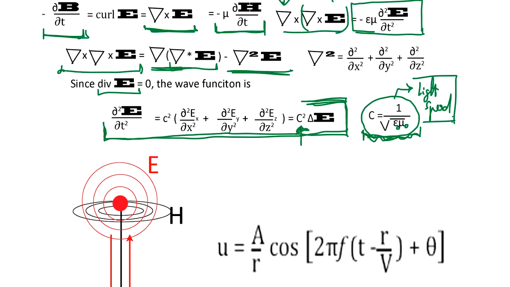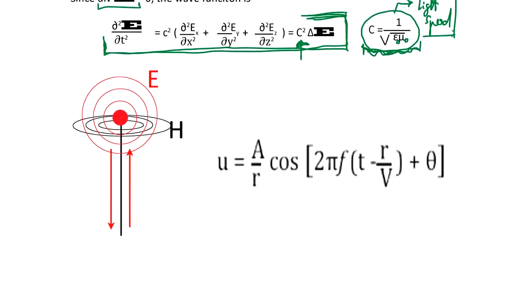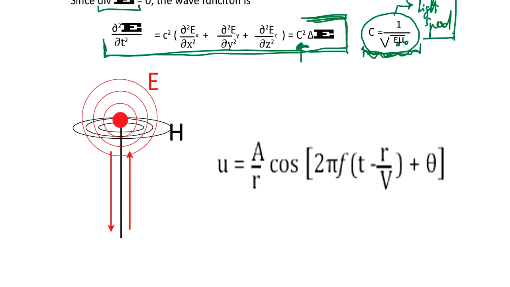Now, how can you really solve this one? You need to have a certain boundary condition to integrate, right? So suppose you have an antenna. This is the antenna, and you give a current going up and down.